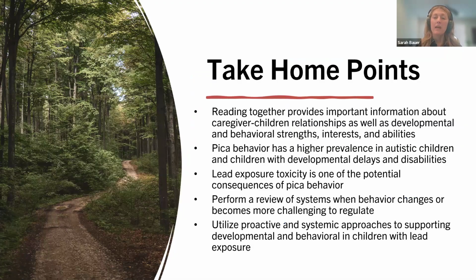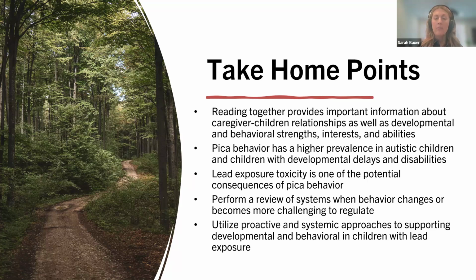So as we think about what we talked about today, first and foremost, I think reading together gives us a lot of information. It tells us about caregiver-children relationships. It tells us about kids' strengths, interests, and abilities. Not being able to participate in that or that being a challenging experience also tells us something, right? And then if you follow that a few steps down, I think there can be an intersection absolutely with what's going on with lead exposure and toxicity.